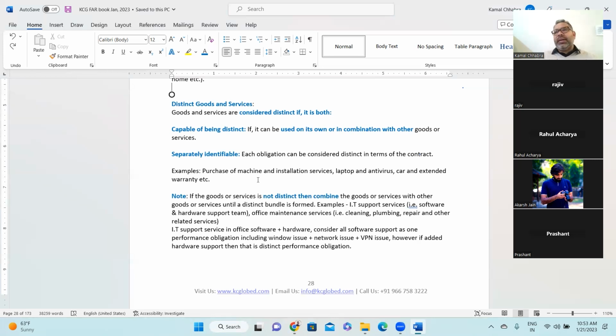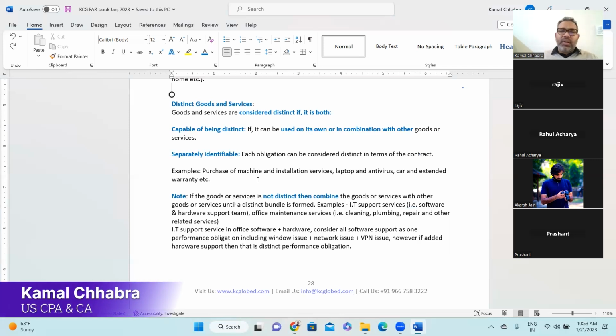Rim sizes are generally very standard across car manufacturers, so after the sale it is easier for the consumer to find the respective tires. Here the tire is capable of being distinct, and it can be used in Hyundai, Maruti, Tata, BMW, Tesla or any other car having the same rim size.